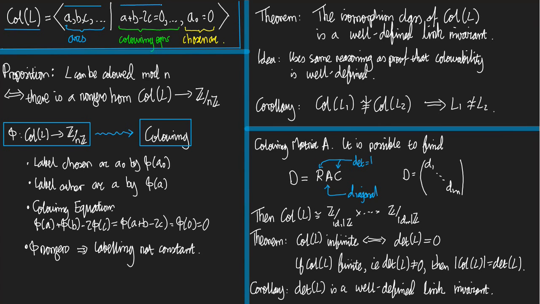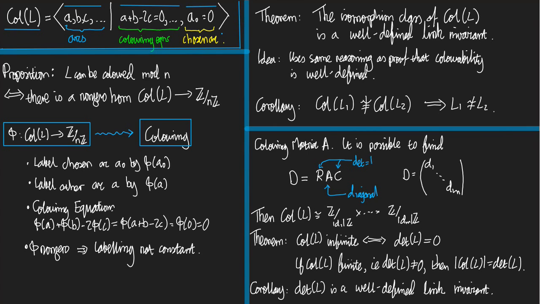Well, first of all, whenever we have a colouring equation for our diagram, we impose that as a relation. In other words, inside the group, we say that A plus B is equal to 2C, when A, B, and C are the labels of arcs at a crossing in the normal sense. And then one more relation: our chosen arc A0, whichever one we choose, that's 0.